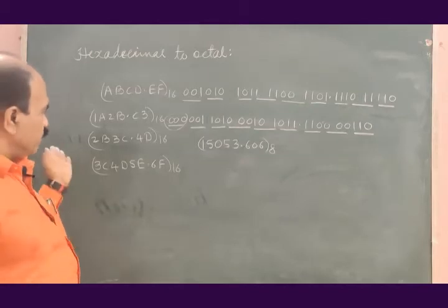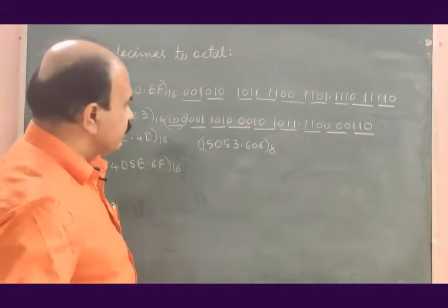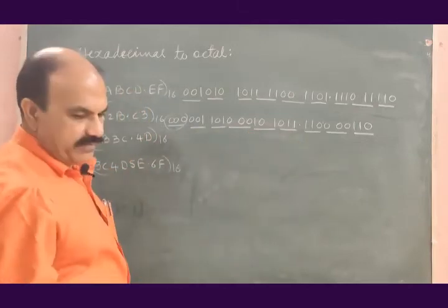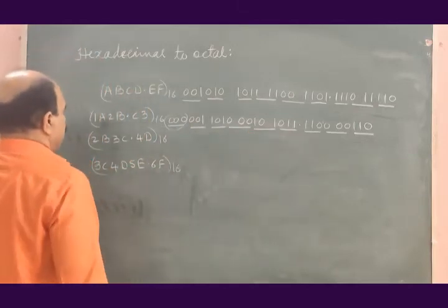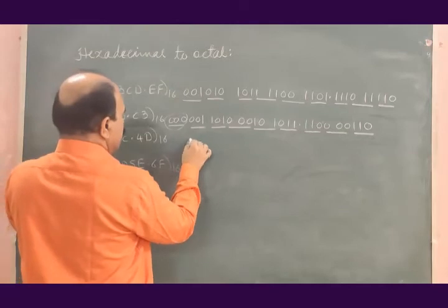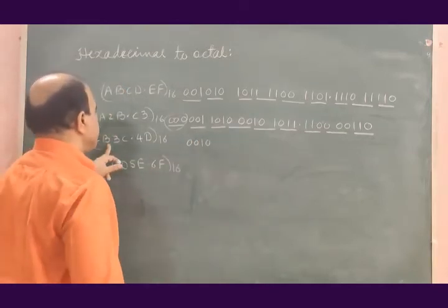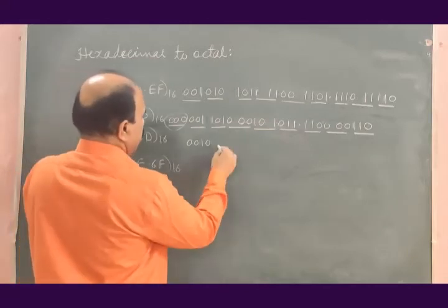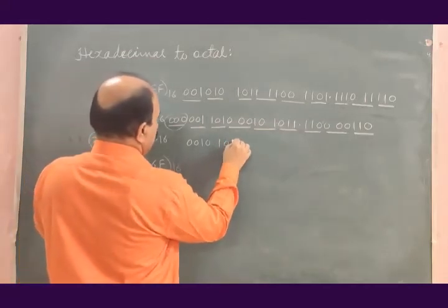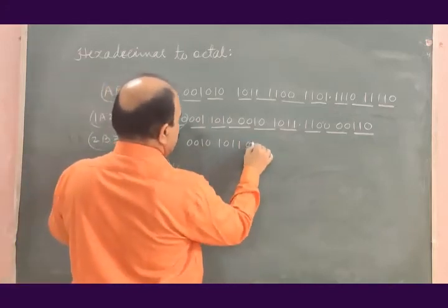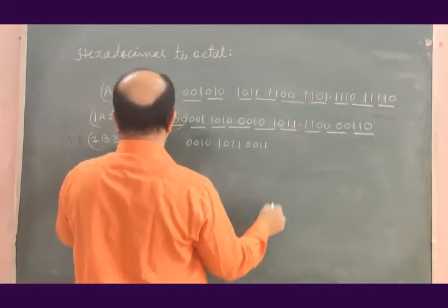And now let us move to the third one. 2 is 0010. B is 11, which is 1011. 3 is 0011.